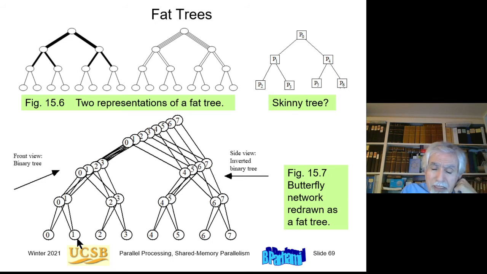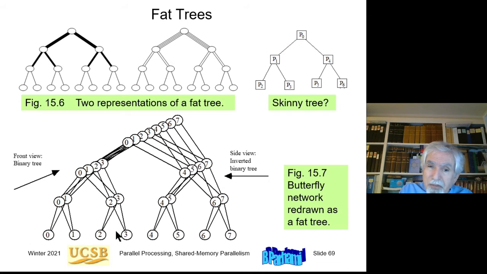So an access request that comes here always finds a way to go there, and each of these nodes is no more complex than the nodes all the way at the bottom. Okay, so this is basically a practical implementation of a fat tree using nodes that are all 2x2 switches. Well, interestingly, this network that you see in this diagram is nothing but the butterfly network, except it is drawn differently.